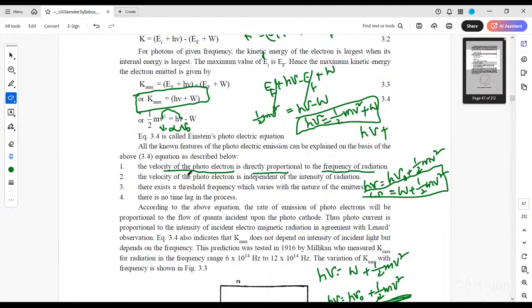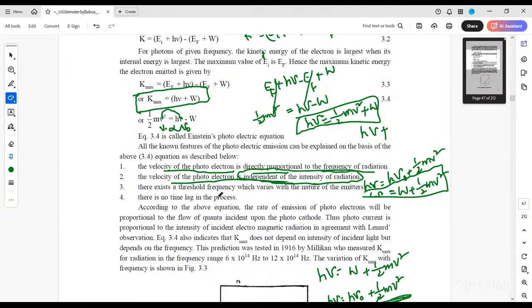Next, see here, the velocity of the photoelectron, half m v square, is independent of the intensity of light radiation. Next, there exists a threshold frequency.